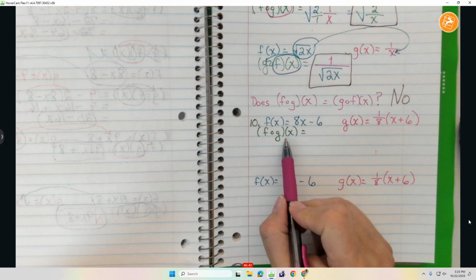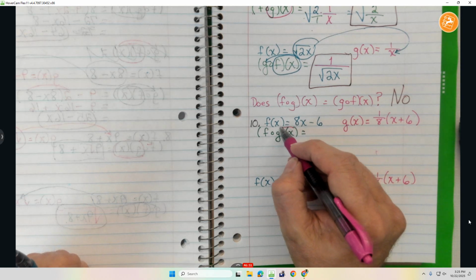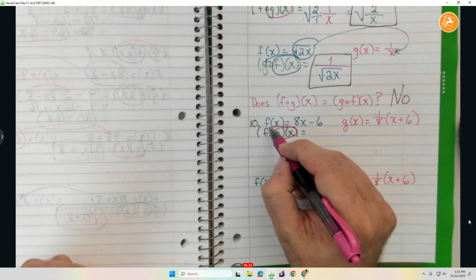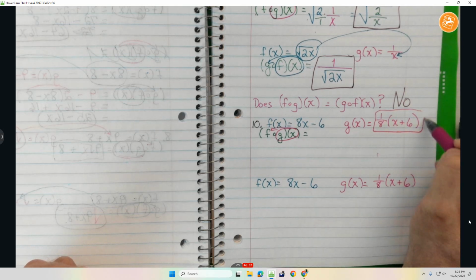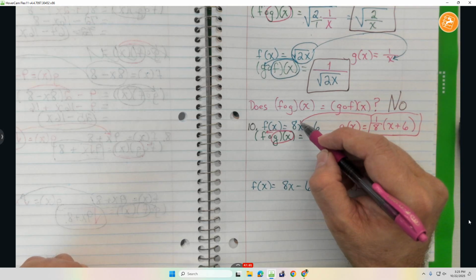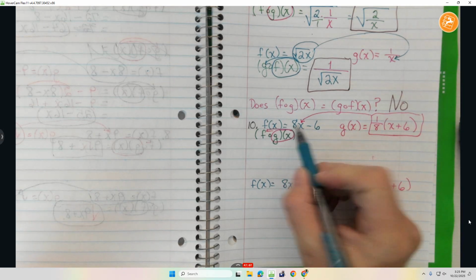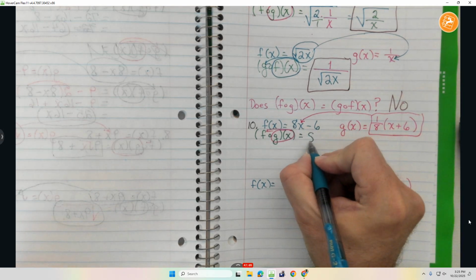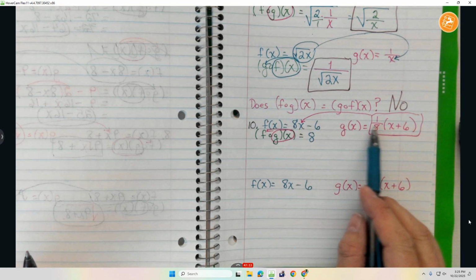Okay, to find f composed with g of x, or f of g of x, that means plug g into f. So all of this is going to go in place of the blue x. So it's going to look a little messy. I'll have the blue 8, and then in place of this x, I'm putting all of this stuff here.